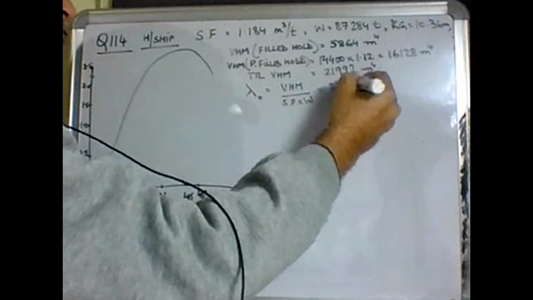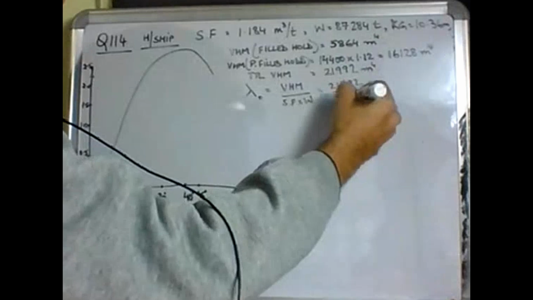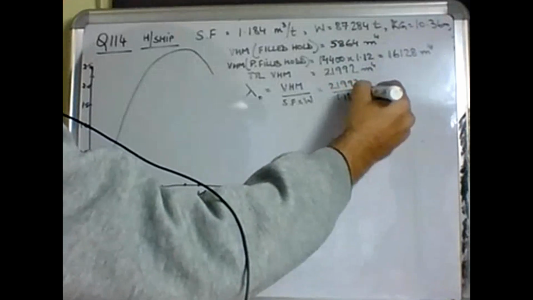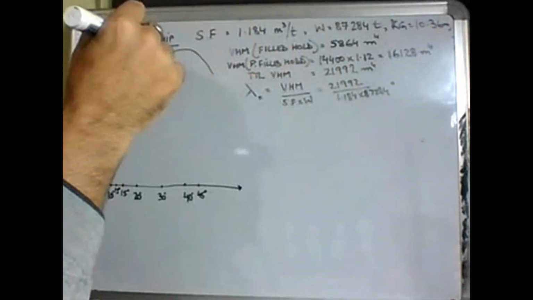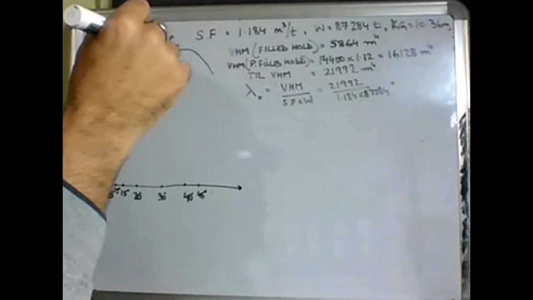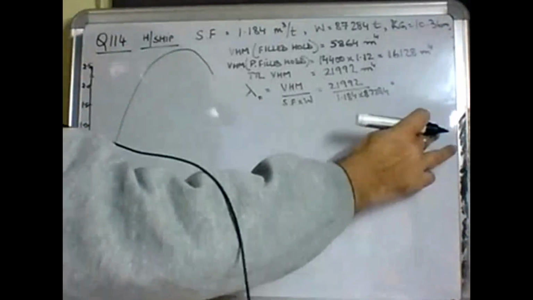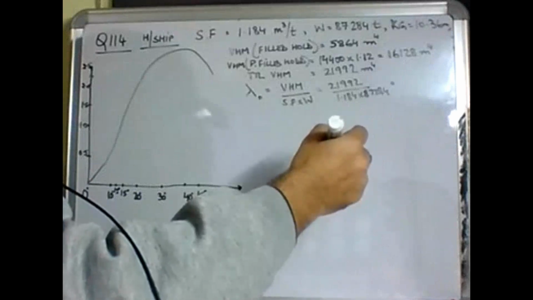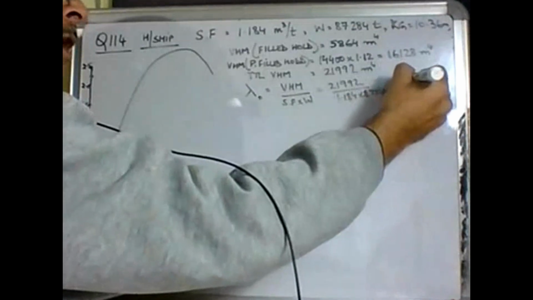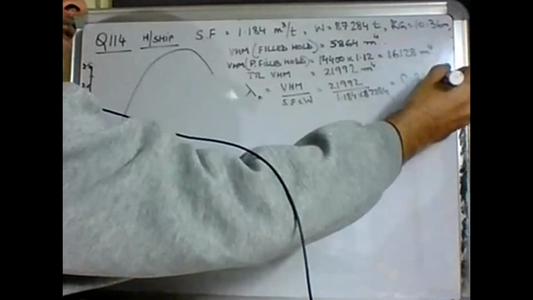So put the values: 21992 divided by 1.184 into 87284 is equal to 0.213 meters.